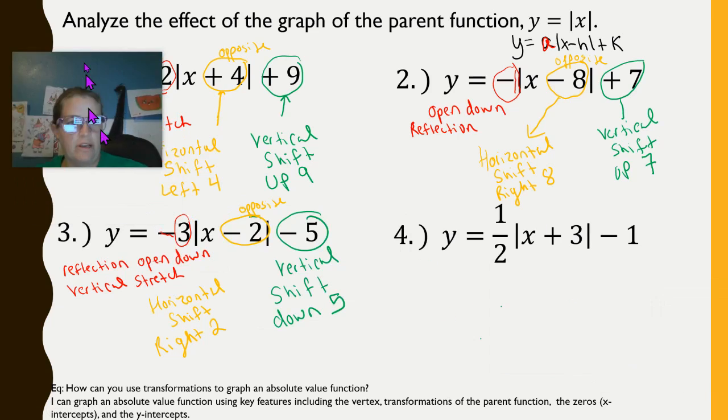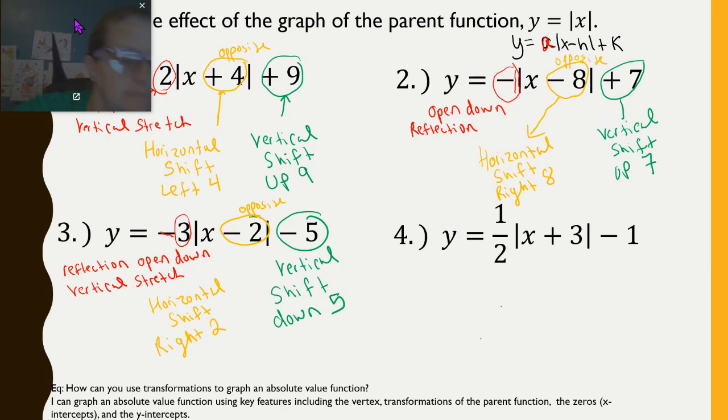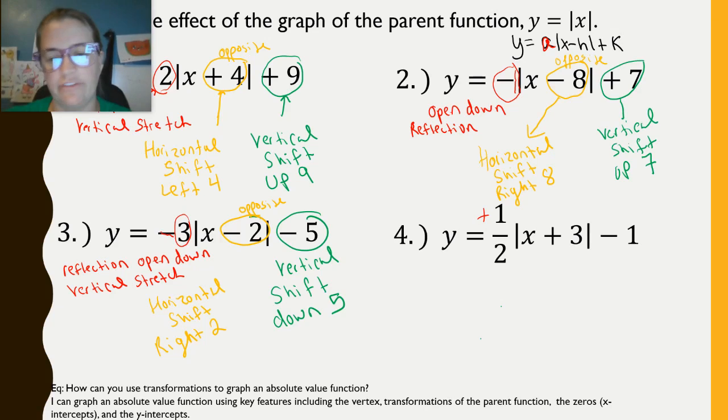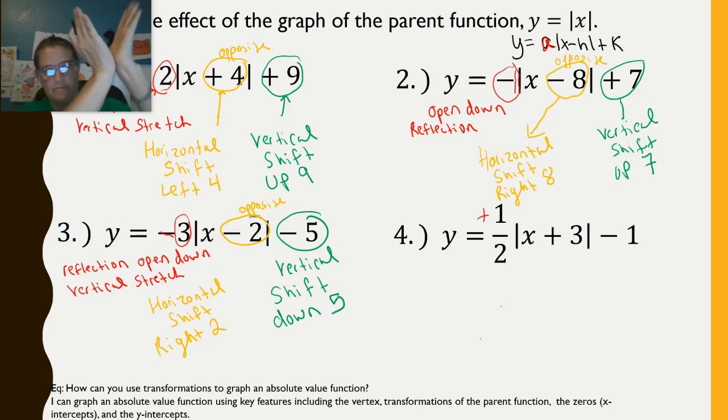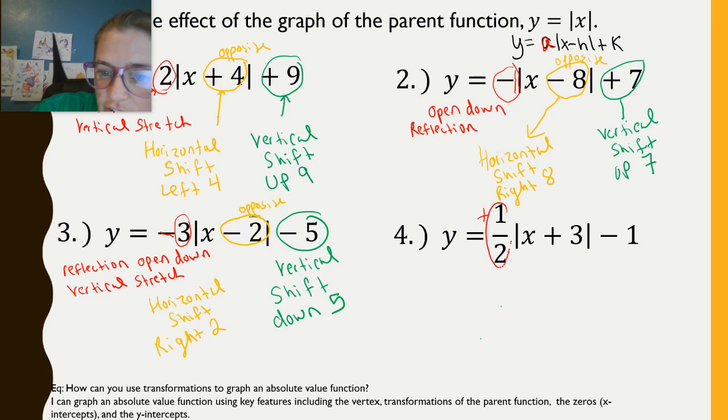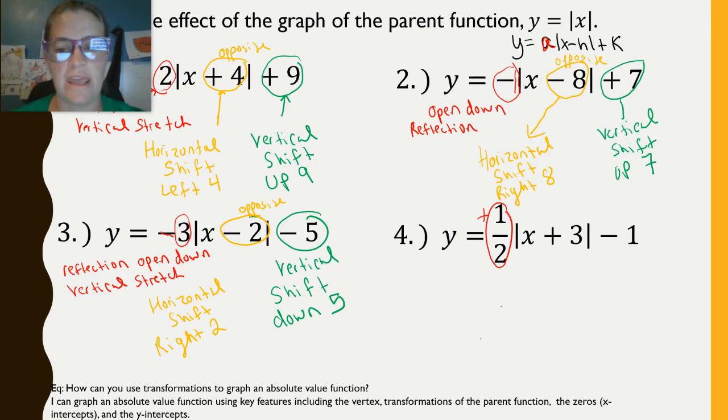Let me move my camera out of the way. Since this is positive, we're not going to have a reflection. It's just going to be a V that opens up. Not even going to talk about that, but we know this is a fraction. Remember, fractions make it fat.